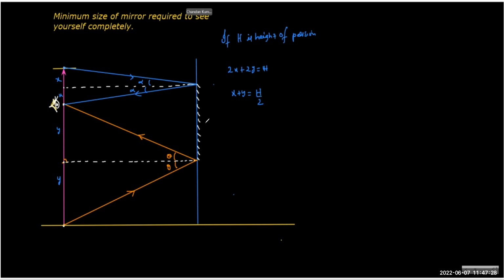And if you look carefully, what is the length of mirror? Therefore, the length of mirror is how much? So the minimum length of mirror that you need to see yourself completely is h by 2.